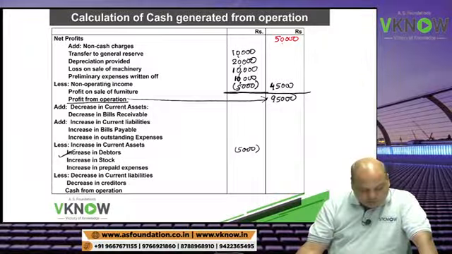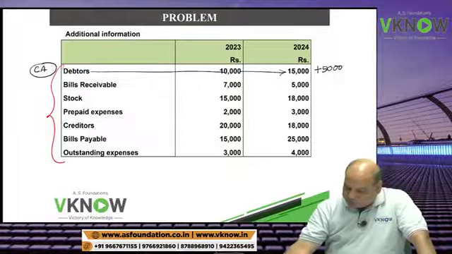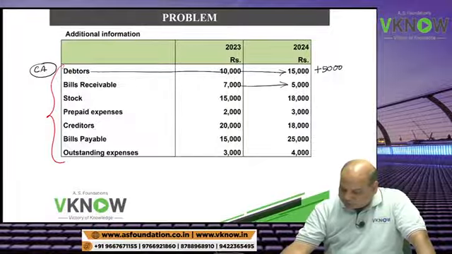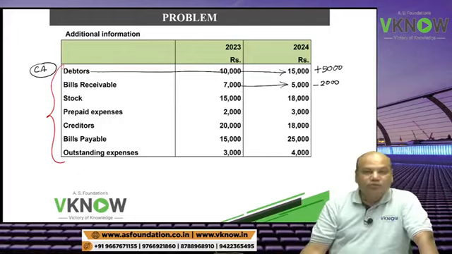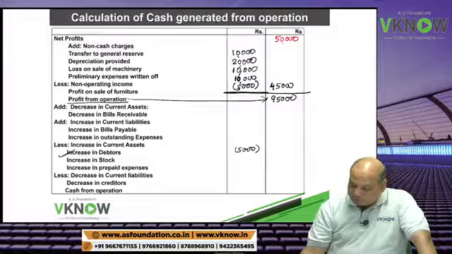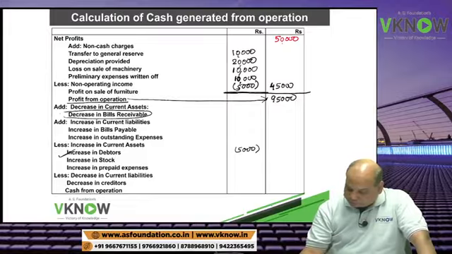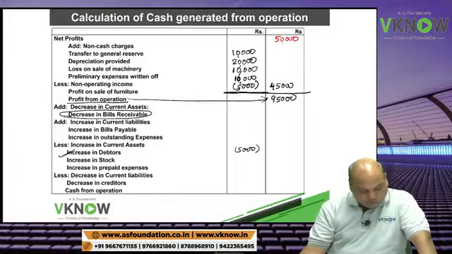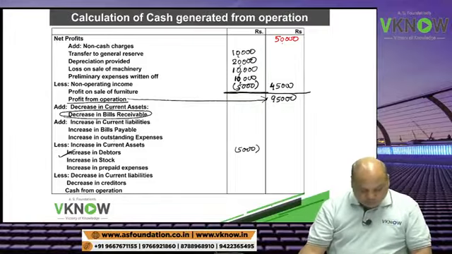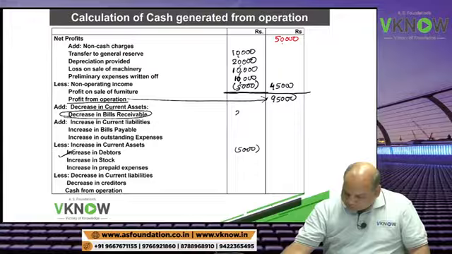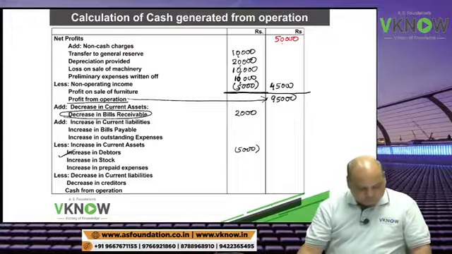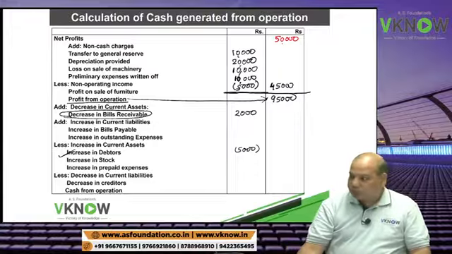Bills receivable. Now bills receivable you see 7,000, 5,000. So there is a decrease in bills receivable. Decrease in bills receivable, increase in cash flow. The difference was 2,000 rupees positive. Stock.